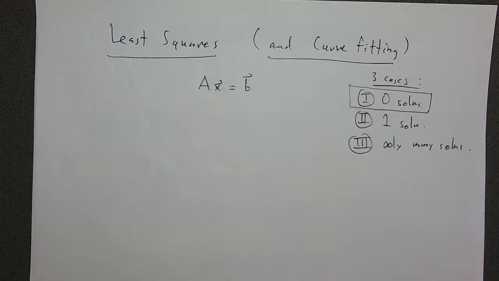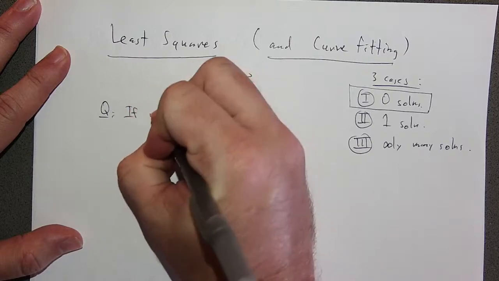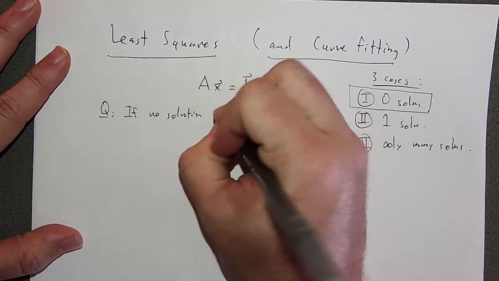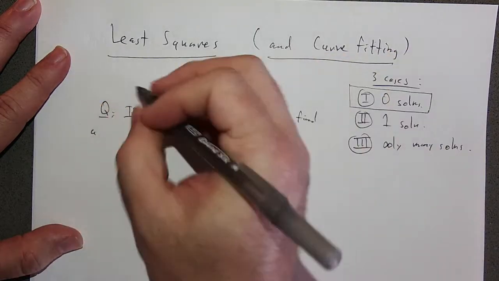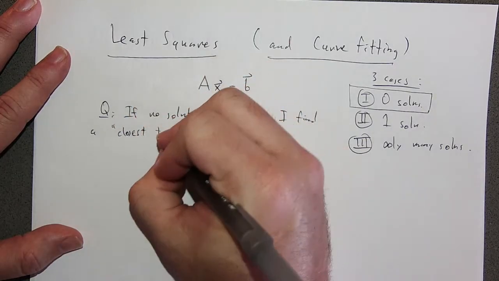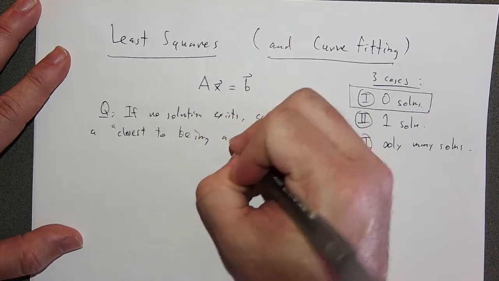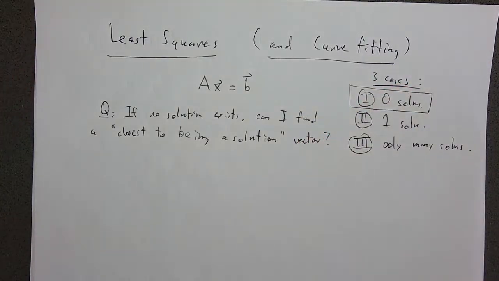So let's say that I'm in the case that I have zero solutions. The question naturally is, if no solution exists, can I find a closest-to-being-a-solution vector? Notice I didn't say anything about A being square here.